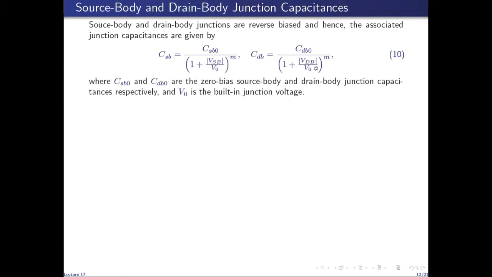VSB and VDB are the reverse bias voltages across the source to body and drain to body junctions. V0 is the built-in junction potential or built-in junction voltage, and M is the grading coefficient, which defines the doping profile across the junction.